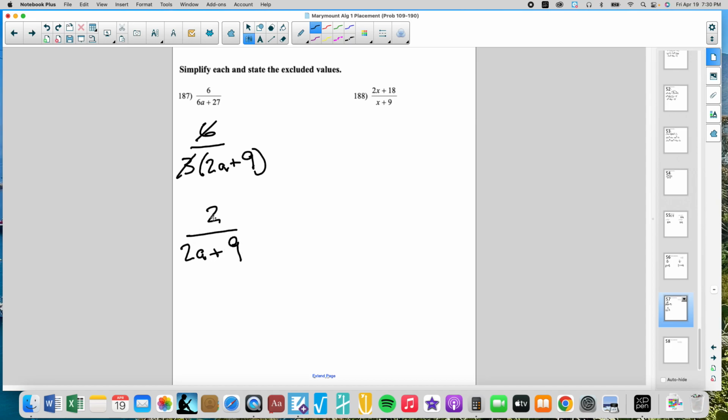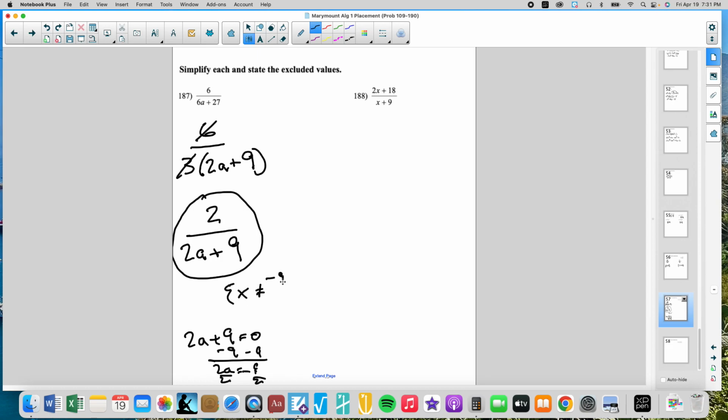Lots of students are going to want to cancel that and write 1 over a plus 9. But this is your simplified value, and for your exclusion, you can think of it as 2a plus 9 equals 0. So you subtract 9 and divide by 2. So your excluded value, x cannot equal -9/2. That's your excluded value.